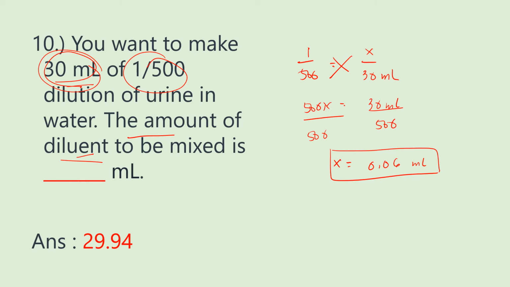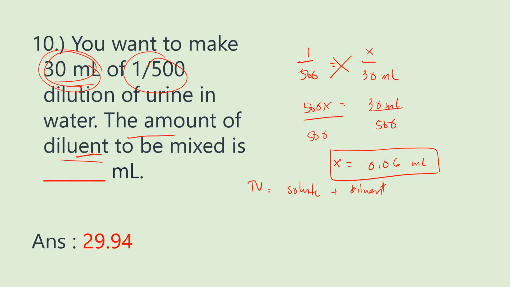So to get the volume of your diluent, you simply subtract your solute from the total volume. So you have the TV or total volume is equal to solute plus the diluent.